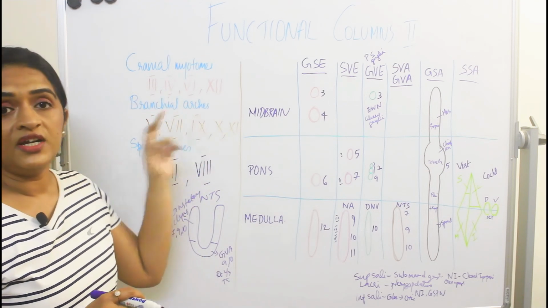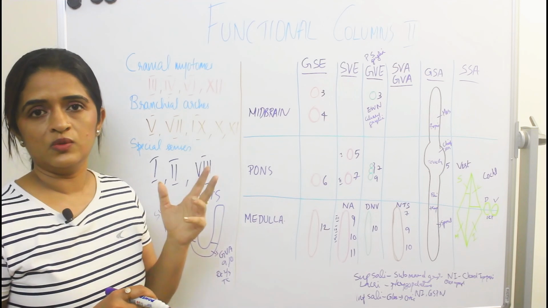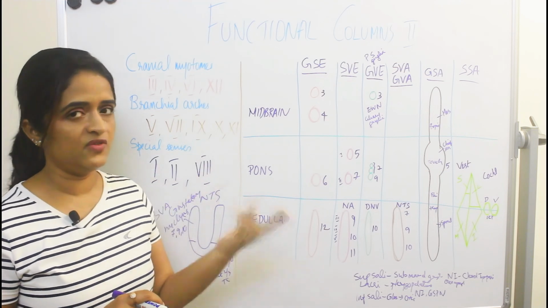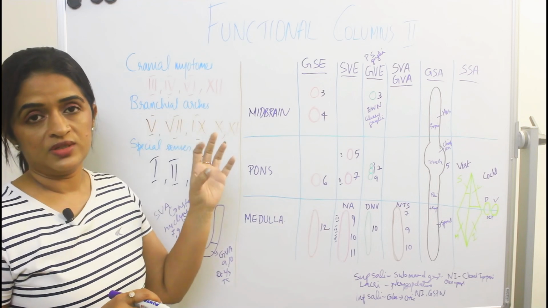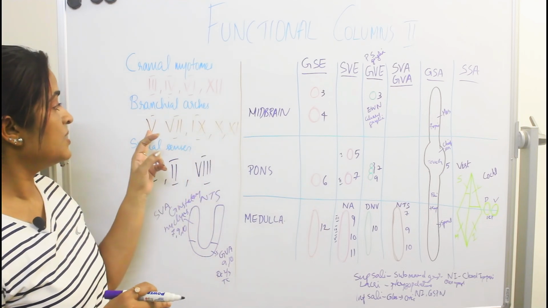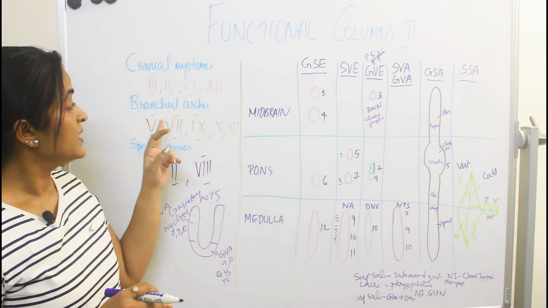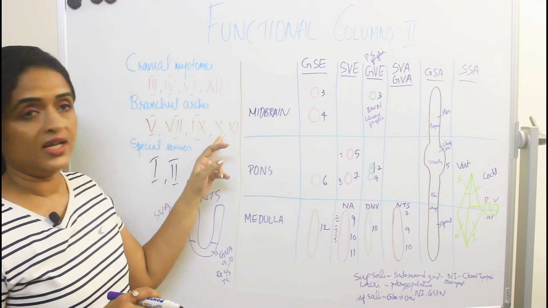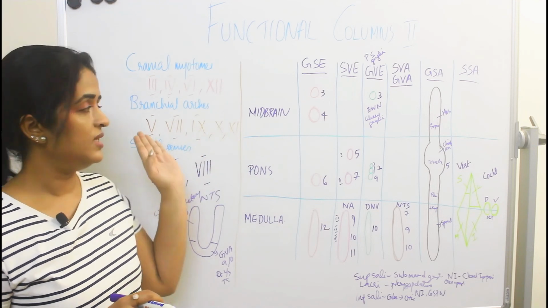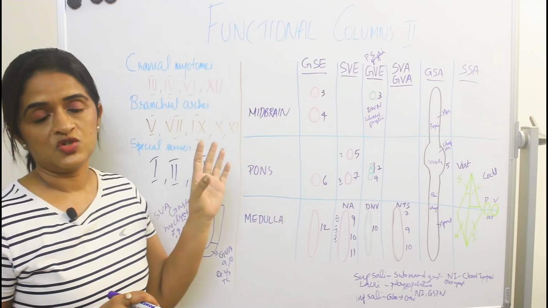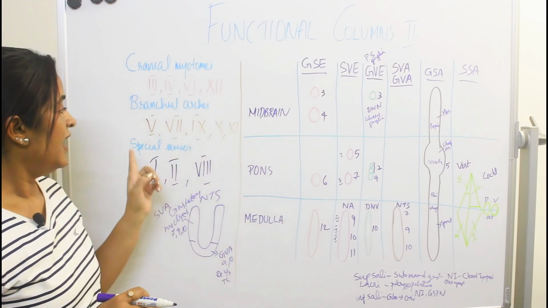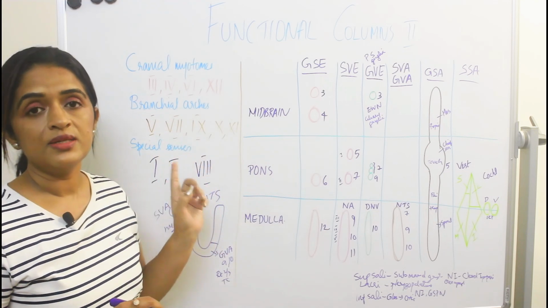Now, the derivatives of the branchial arches, we know there are 6 branchial arches and the fifth one disappears. The structures derived from these branchial arches are supplied by 5, 7, 9, 10 and 11. So these cranial nerve nuclei will be seen in relation with the structures derived from the branchial arches. And the final one is the special senses.